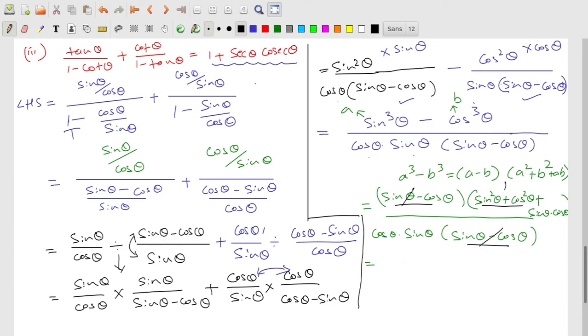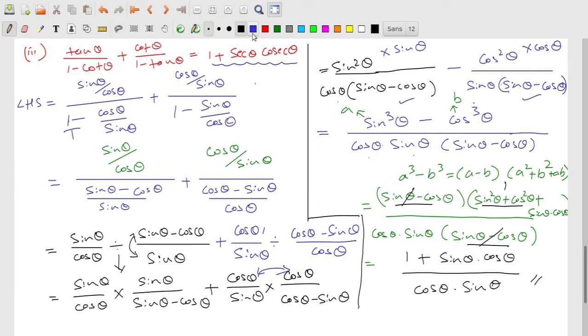Then I will be left with sine square plus cos square, which is 1, plus sine theta into cos theta, and in the denominator just cos theta sine theta. So 95% of the solution is completed up to this step.